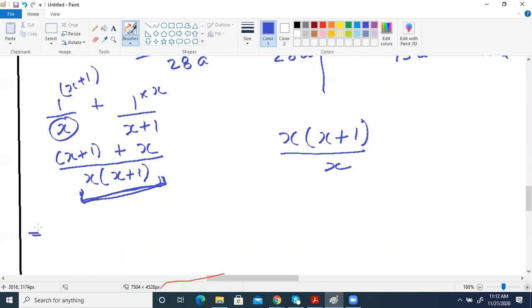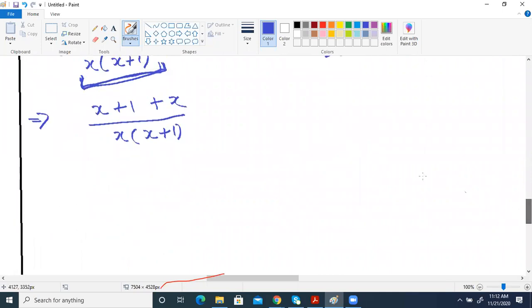And then in the next line, you simplify the numerator. So this is x plus 1 plus x over, you keep the denominator as is. And then in the next line, you group them. I already know when you group this, I get 2x. So we graduate now. So this is 2x plus 1 over x into x plus 1.